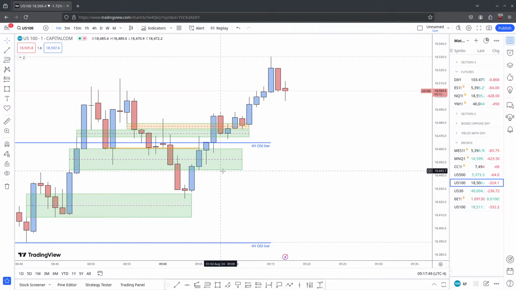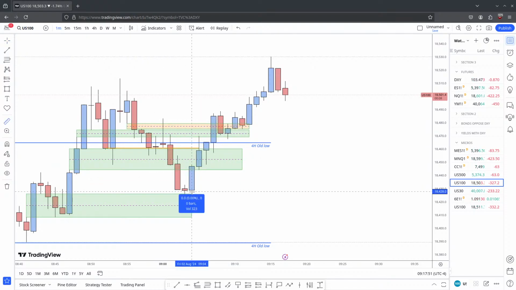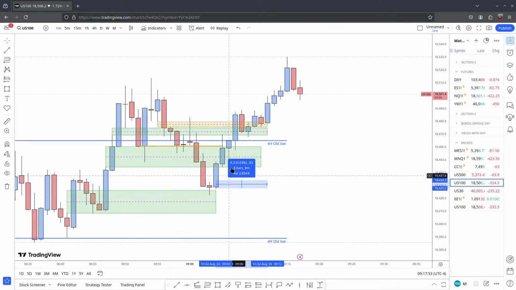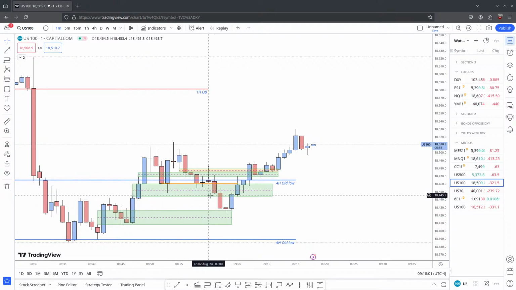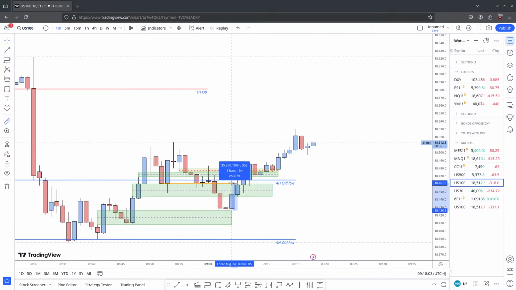Something you could do is, as we trade off higher here, you could pull that stop in and you could look at taking something off at 22%, right around this level.